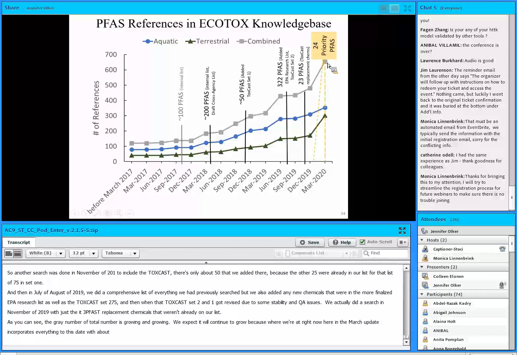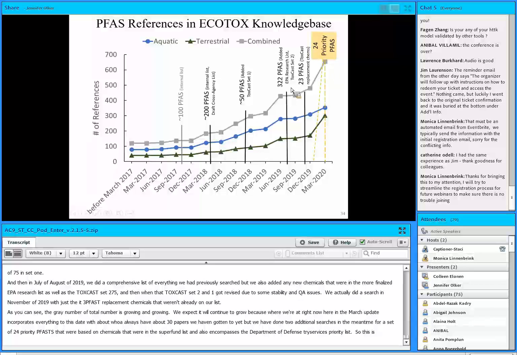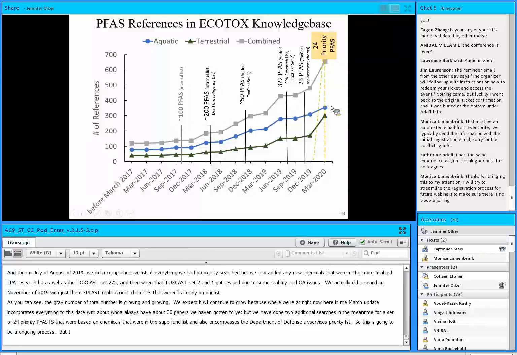We also have done 2 additional searches in the meantime for a set of 24 priority PFAS that were based on the chemicals that are in the Superfund list, and that also encompasses the Department of Defense Tri-Services priority list. So this is going to be an ongoing process, but I just wanted to give you a sense of how frequently we have done the searches and how this process will continue.